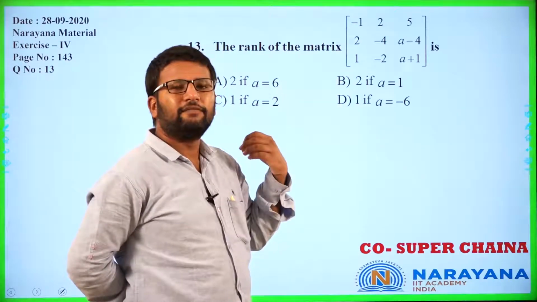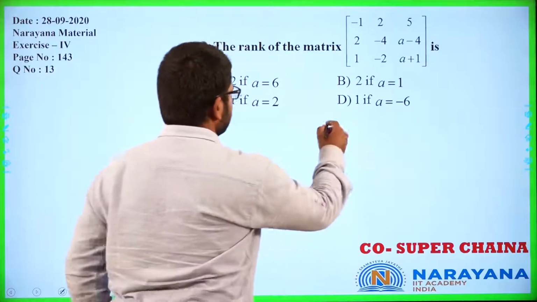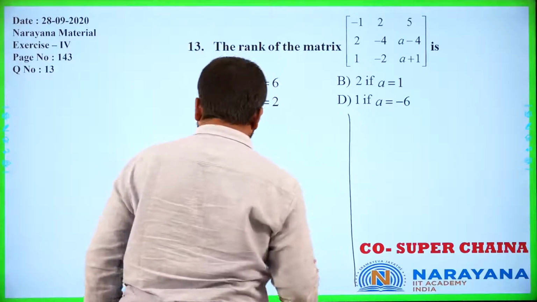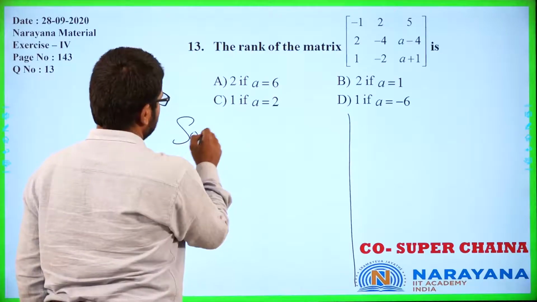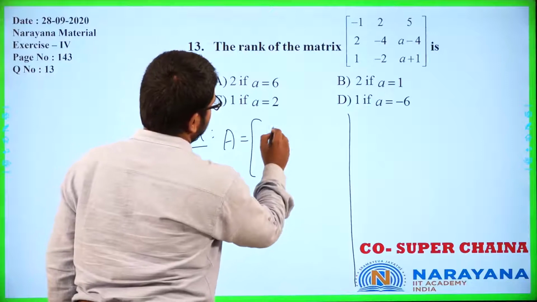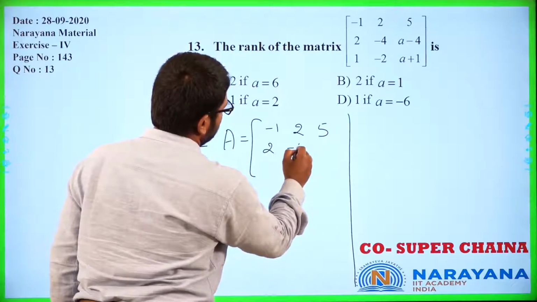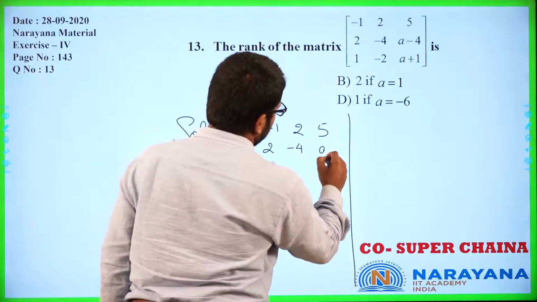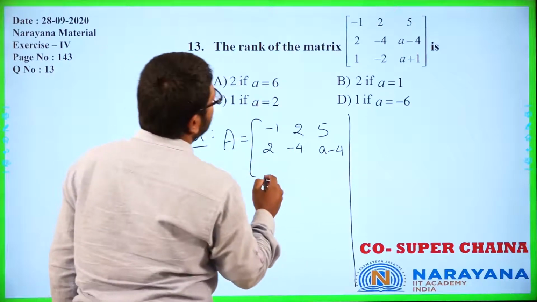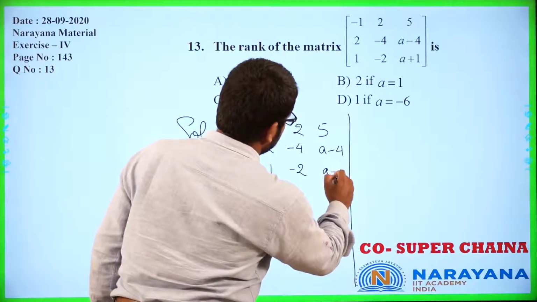So for that, we should first try and figure out the echelon form. Okay? So let us write the given matrix A: minus 1, 2, 5, 2, minus 4, A minus 4, 1, minus 2, A plus 1, right?